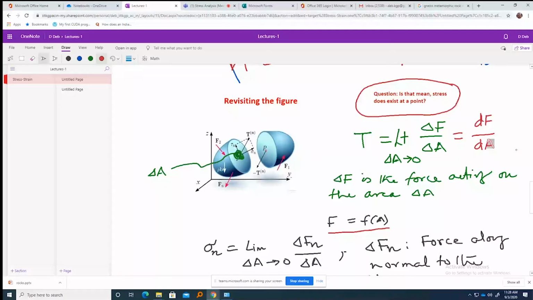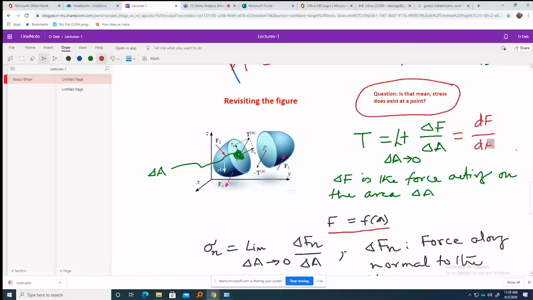So if I know that derivative, that is basically my traction, and from that traction I can make a normal direction and a shear direction. So actually stress exists at a point. If it doesn't, then we cannot move further with solid mechanics.